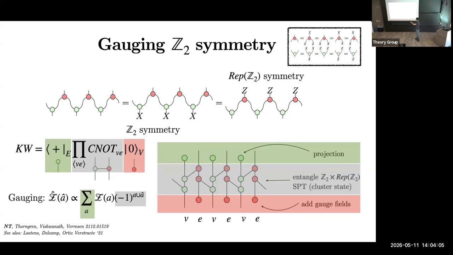After the basis transformation, what you're going to implement is the Gauss law. Originally this thing is stabilized by a single X, but after the basis transformation, you can think of it as X on two edges and X on a single vertex. And you can think of this as Gauss's law, like divergence of E minus rho.